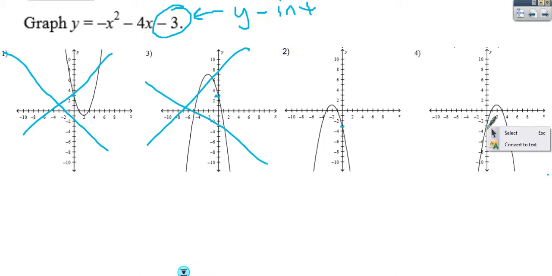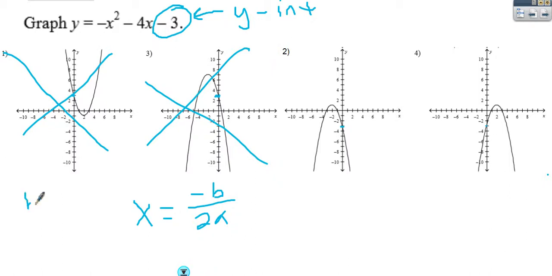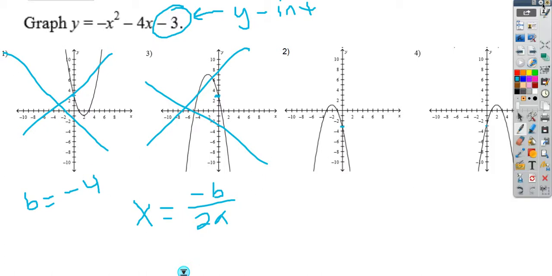The next thing I want you to check for is x equals negative b over 2a, which is your axis of symmetry. Our b value is in front of the x, which is negative 4, and our a value is negative 1, which is in front of the x squared.